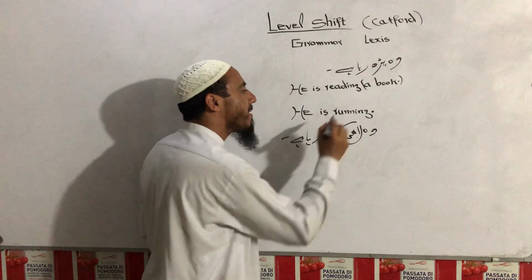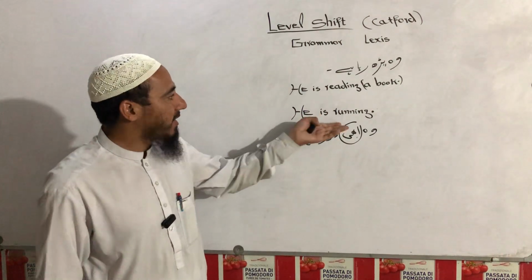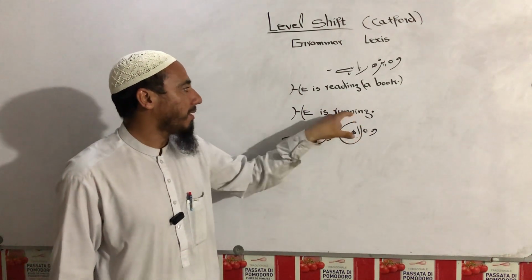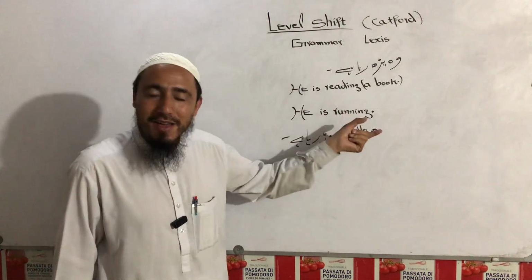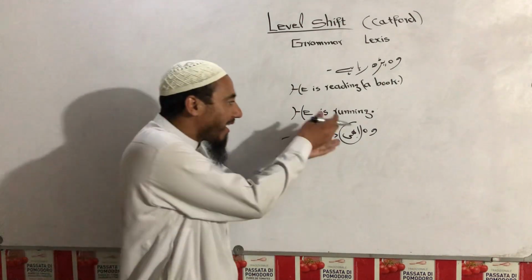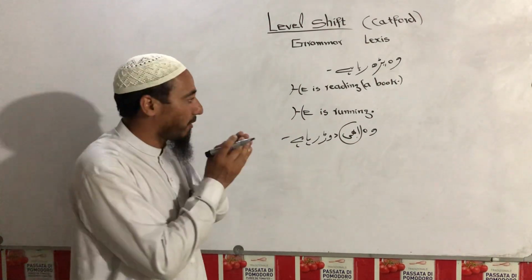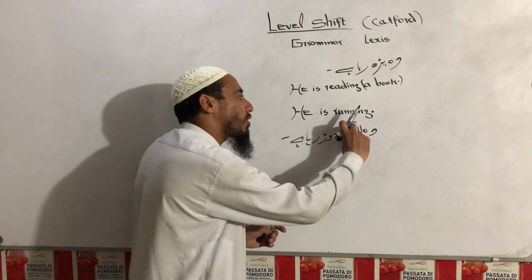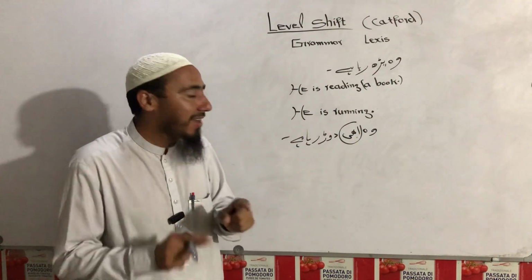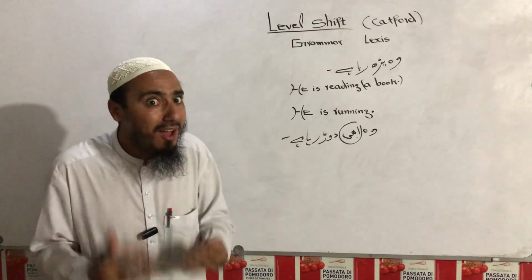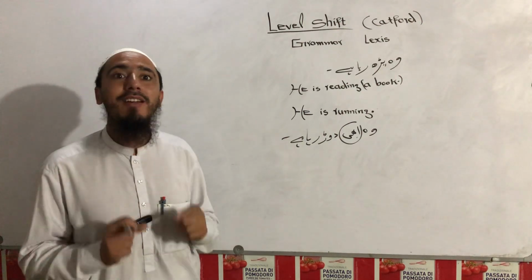Although this abhi is optional here, there is no need of abhi in the English language, but I added it in Urdu for Urdu speakers so that they know that the sentence means the writer is talking about now, that someone is running now.